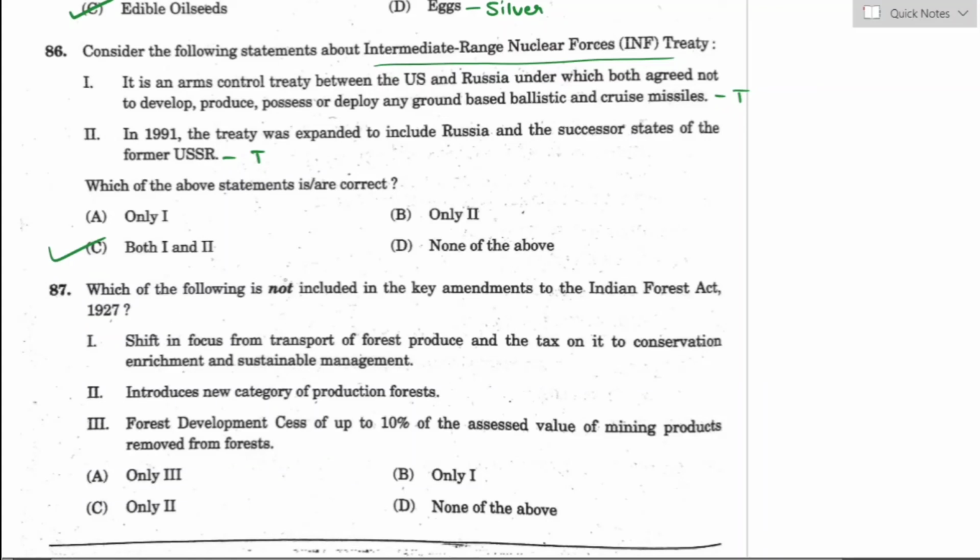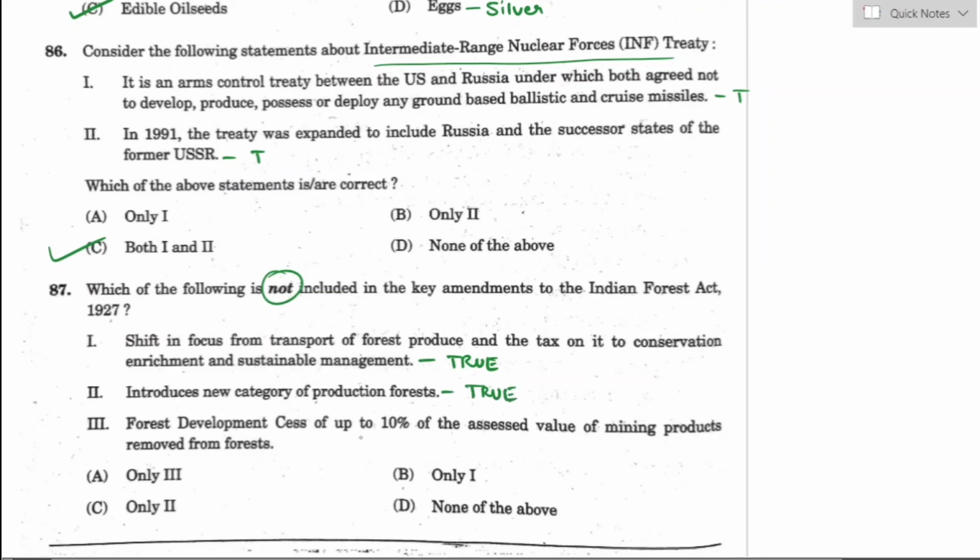Question number 87. Which of the following is not included in the key amendments to the Indian Forest Act 1927? Statement 1. Shift in focus from transport of forest produce and the tax on it to conservation, enrichment and sustainable management. This key amendment is true. Statement 2. Introduces a new category of production forest. This statement is also true. Statement 3.